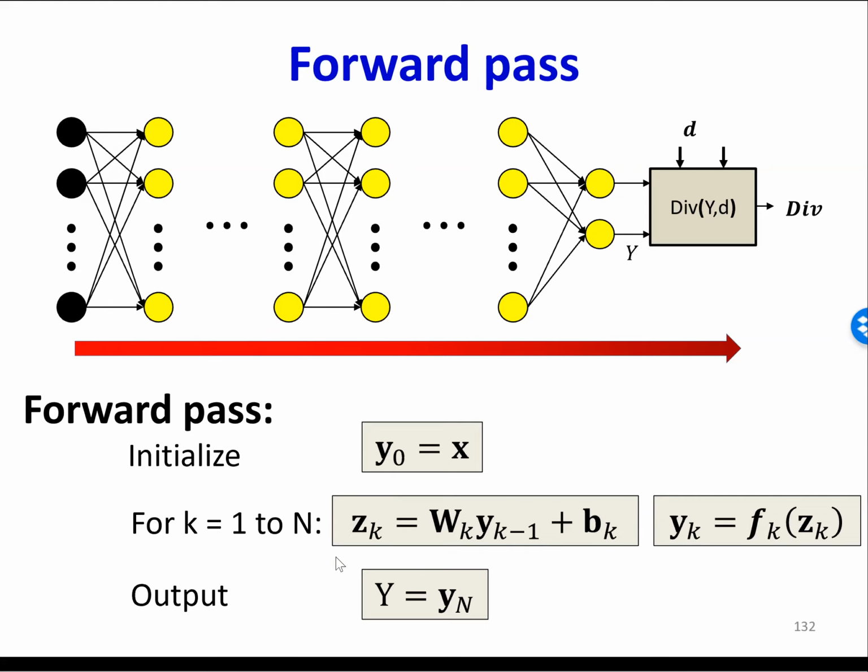Once you've computed the affine vector, you apply the activation function of the kth layer to it, and you get the output of the kth layer. So a simple iteration over these two steps will take you forward through the network all the way to the end. Was this clear to everybody?